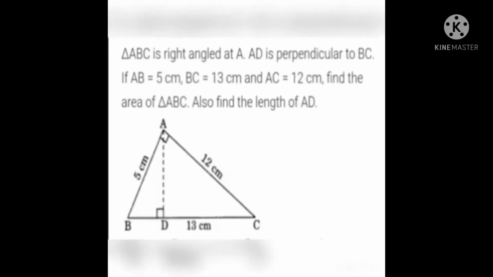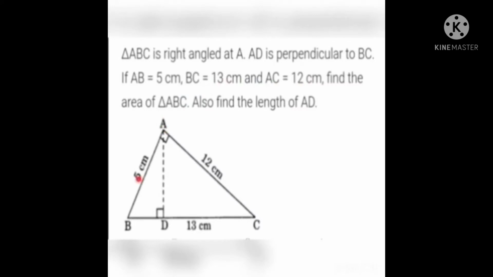Next question. Triangle ABC is right angled at A. AD is perpendicular to BC. If AB is equal to 5 cm, BC is equal to 13 cm and AC is equal to 12 cm, find the area of triangle ABC. Also find the length of AD. So what is given?